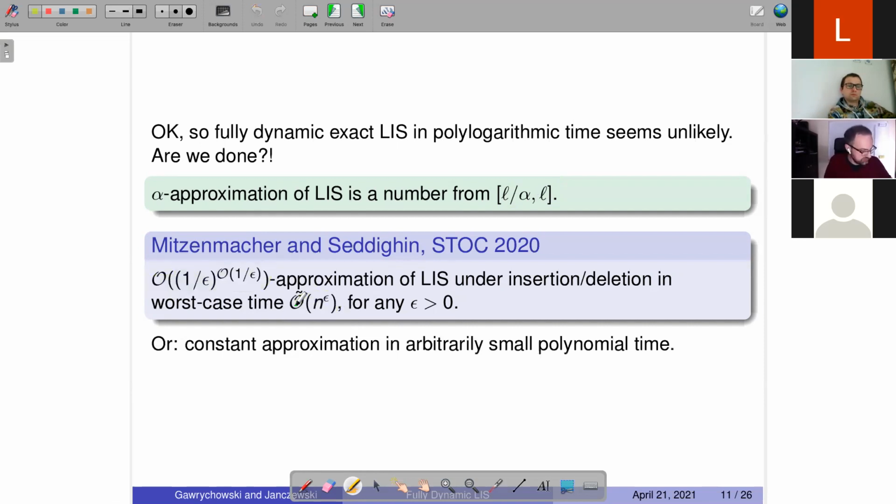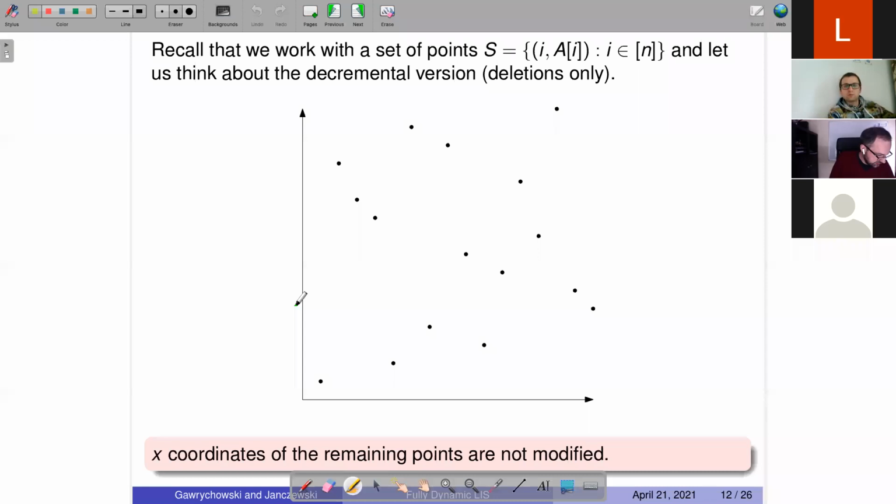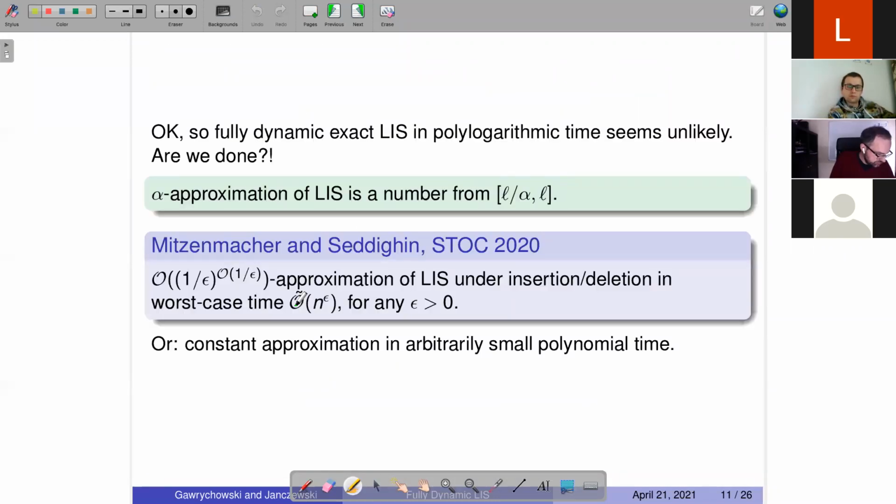So in other words, you can have constant approximation in arbitrarily small polynomial time. So for an epsilon, you have constant approximation with the constant depending on epsilon, and the update time is n to epsilon. Okay, and we show a better bound.